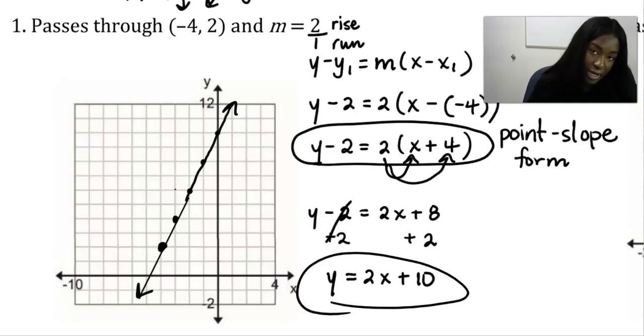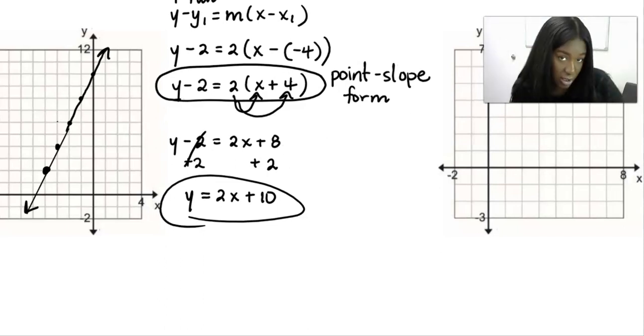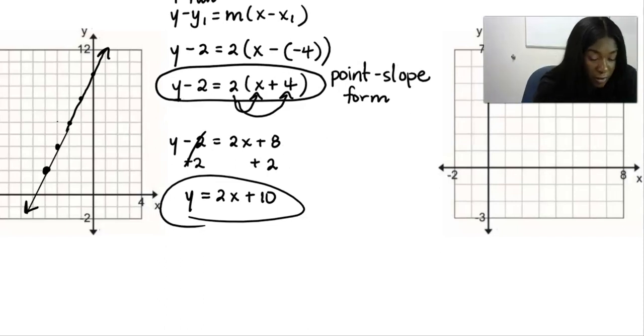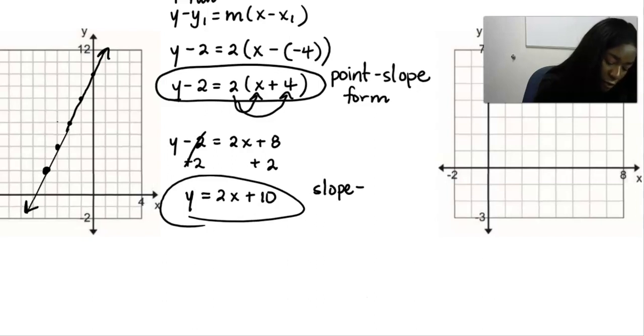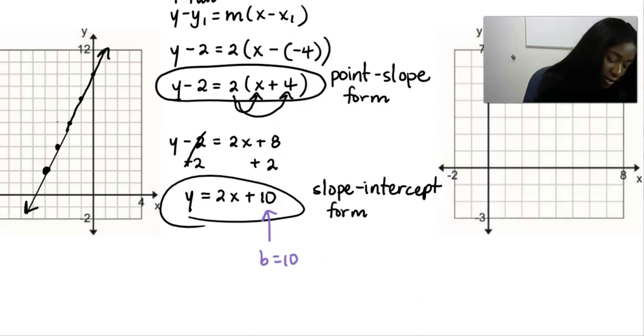So both of those answers that are circled are different versions of the same equation of the same line. The first one is point slope form, and the second one is slope intercept form. In slope intercept form, we can very quickly see that b is 10, which matches what we see on the graph.